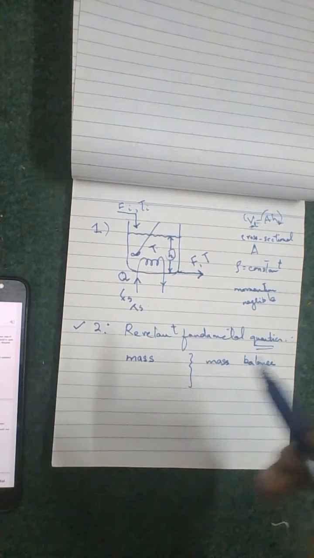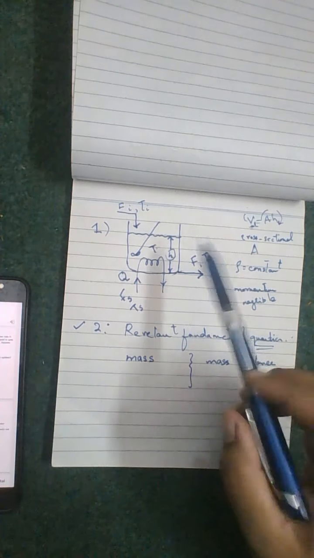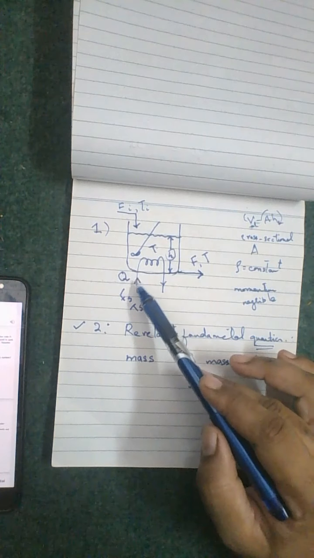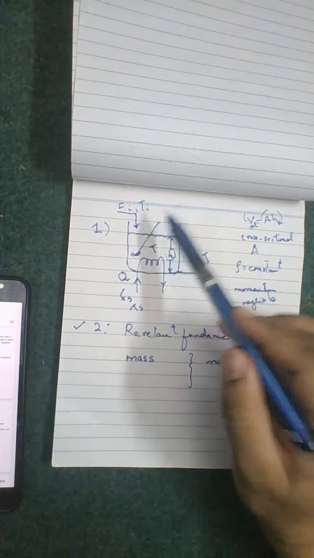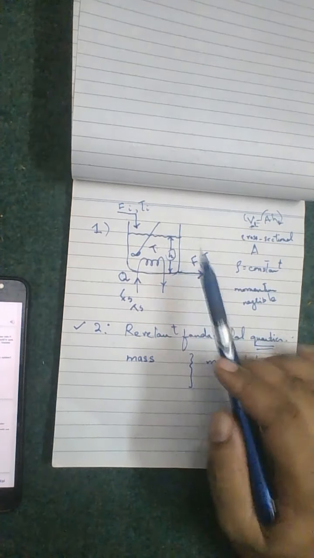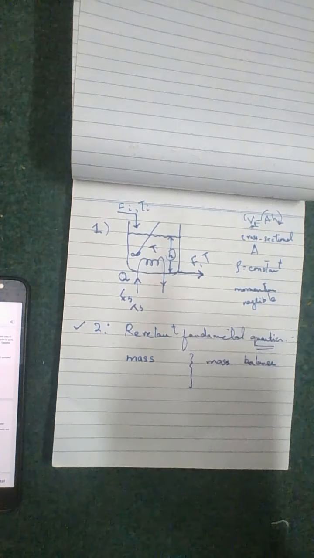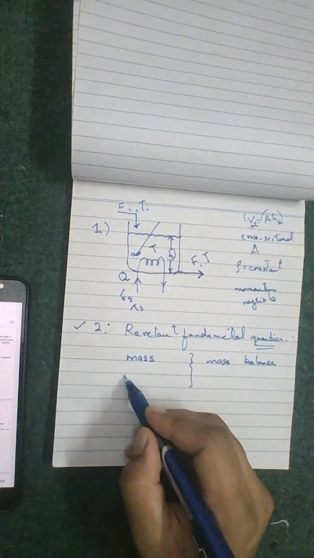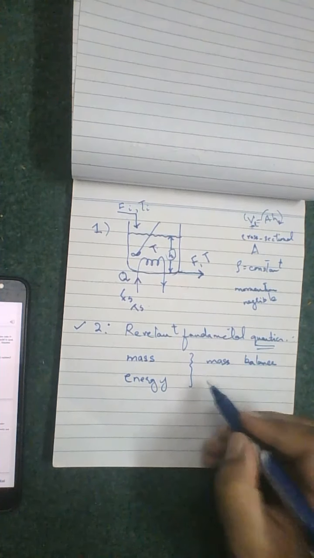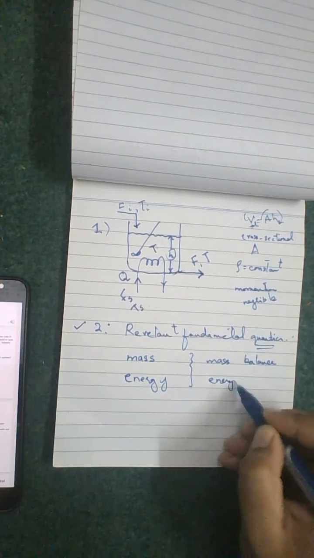The second thing that is changing is the accumulation of energy because of the input from this heater and the changing inlet temperature Ti. The outlet temperature and the temperature inside the system are the same. So the second fundamental quantity is the energy. So we will apply the energy balance.